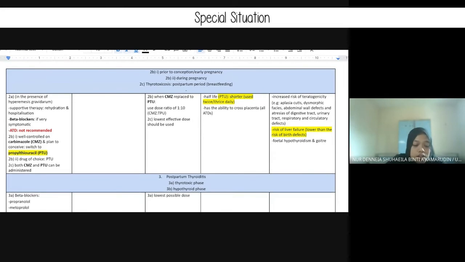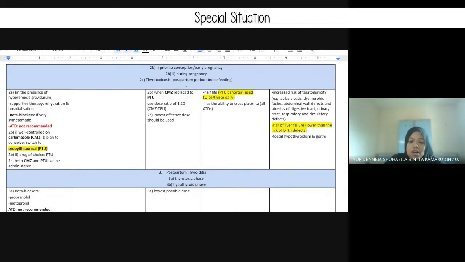During the pregnancy, PTU is recommended throughout the first trimester. For the dosage, when CMZ is replaced with PTU, the ratio that should be used is 1 to 10, where carbimazole is 1 and propylthiouracil is 10.